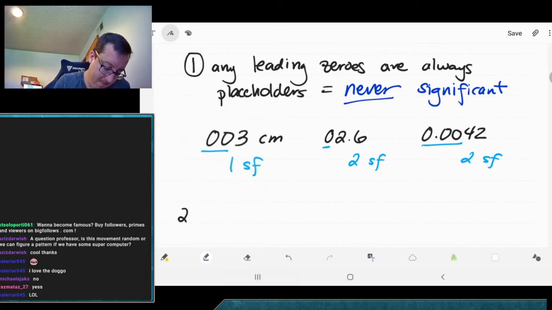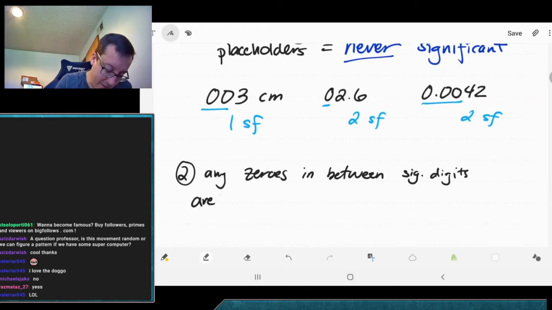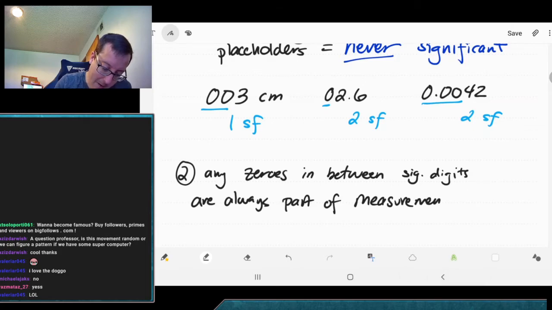Next one. Any zeros in between significant digits are part of a measurement. And therefore, those are going to be always significant.